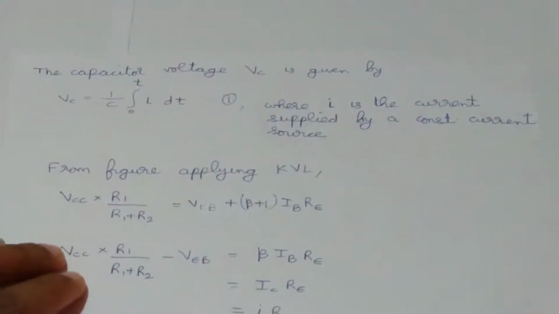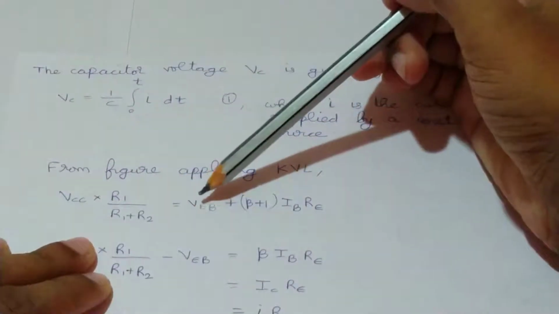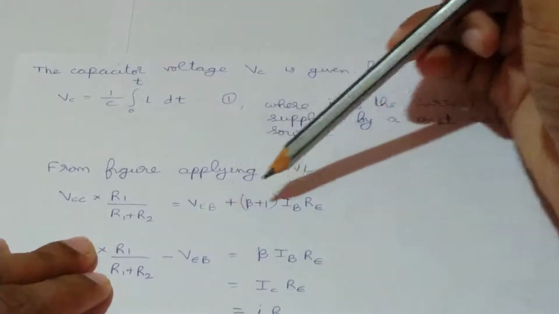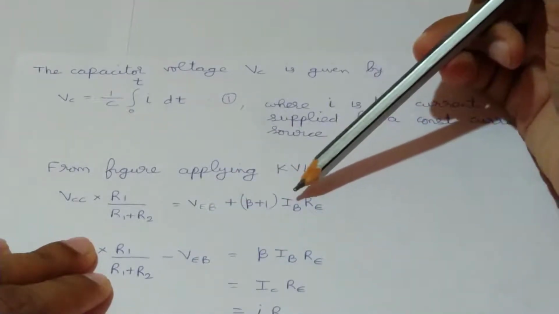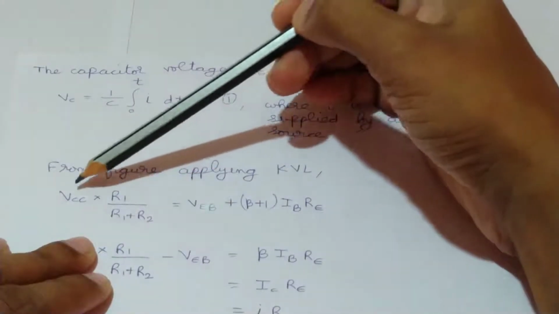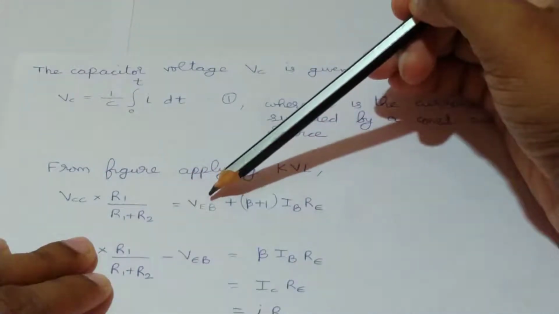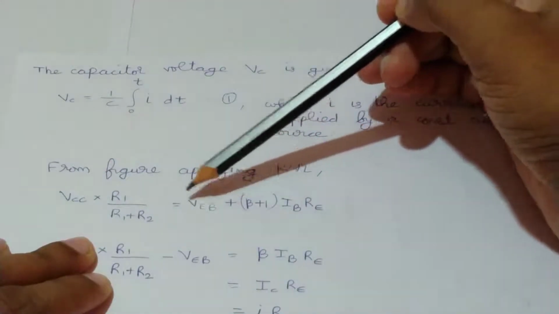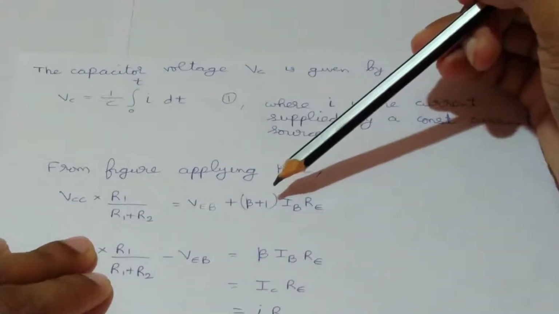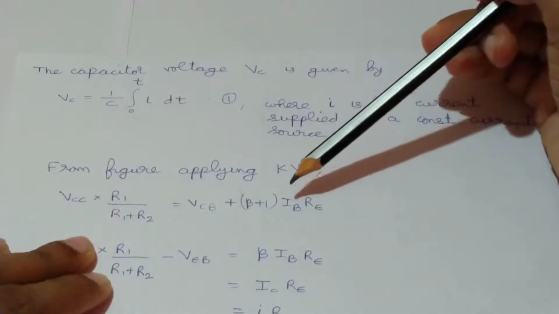So let's now consider that equation. By using KVL, we can write the voltage across R1 is equal to the emitter-base voltage of transistor Q1 plus the voltage across resistance RE. So VCC into R1 divided by R1 plus R2 is equal to VEB, the voltage across the emitter-base junction, plus beta plus 1 into IB into RE.